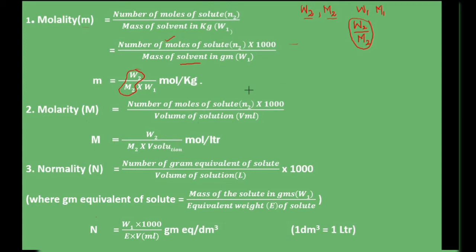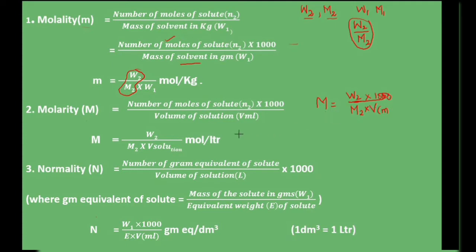If it is given in ml, the formula goes like this: capital M, that is molarity, is equal to weight of the solute divided by molecular mass of the solute into volume of the solution. If the volume of the solution is given in ml, then you should multiply with 1000. Understood? So this is the formula for molarity.